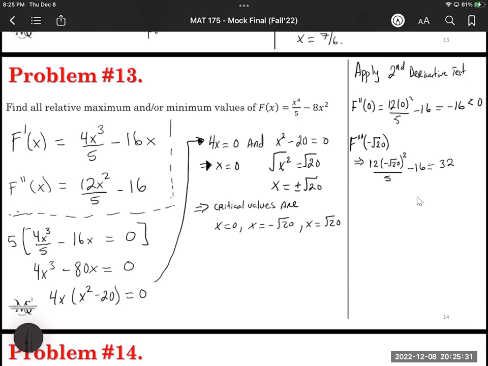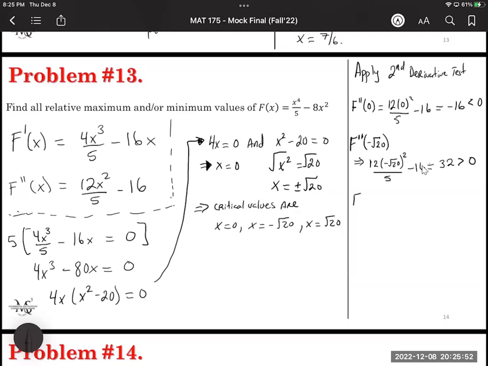Because negative square root of 20 squared is 20. 20 divided by 5 is a little bit easier to do. 20 divided by 5 is going to be 4. Then 4 times 12 is 48. So 48 minus 16 is 32, which is greater than 0.